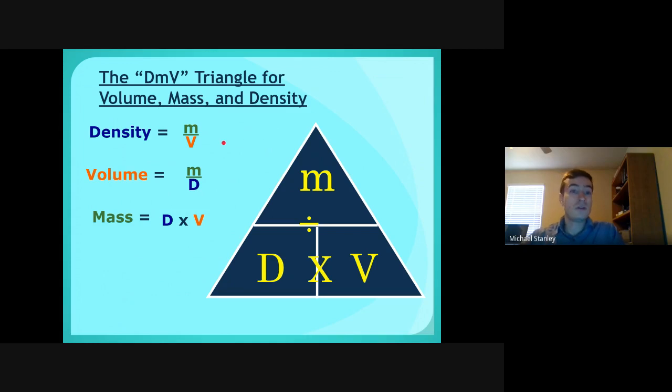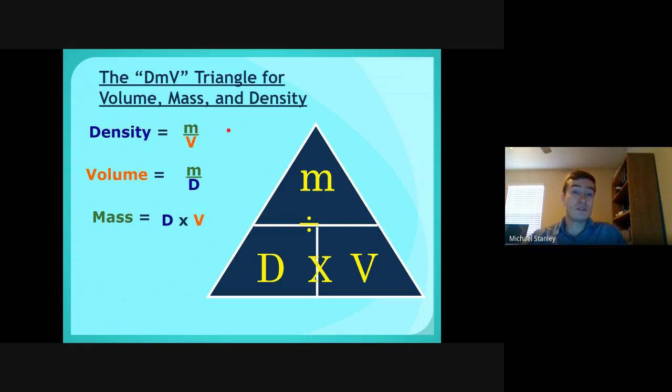So density equals mass divided by volume is our main straightforward go-to of what our density equation is. D equals m divided by v.